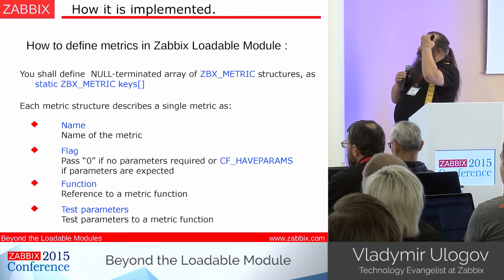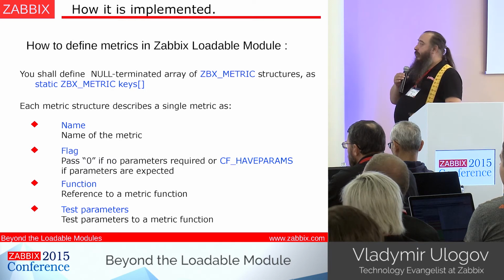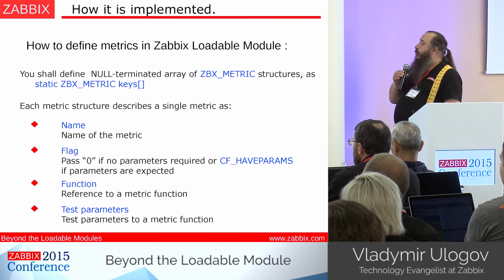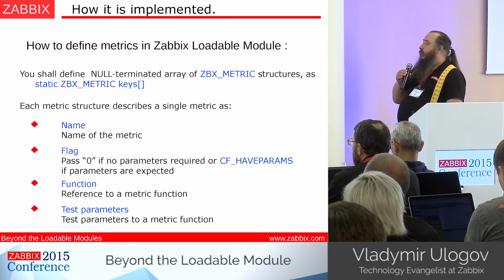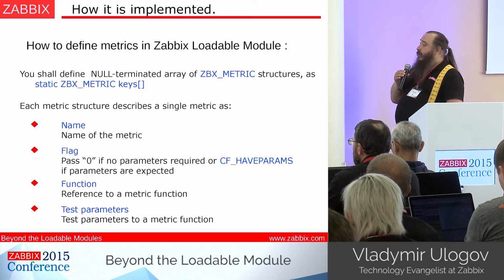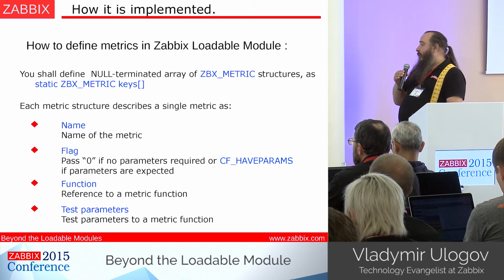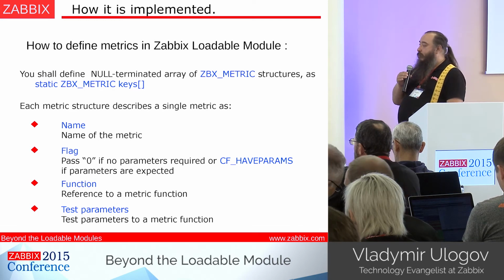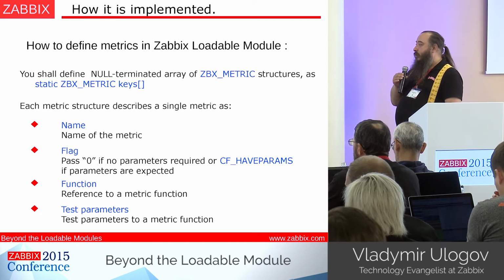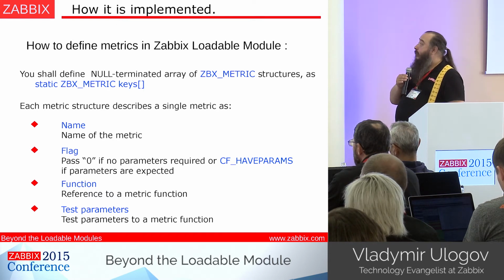The function we just discussed returns to Zabbix the array of ZBX metric keys, and in this array we pass the information about the name, flag, whether we pass any parameters to the function or not, reference to the C function, and the test parameter.